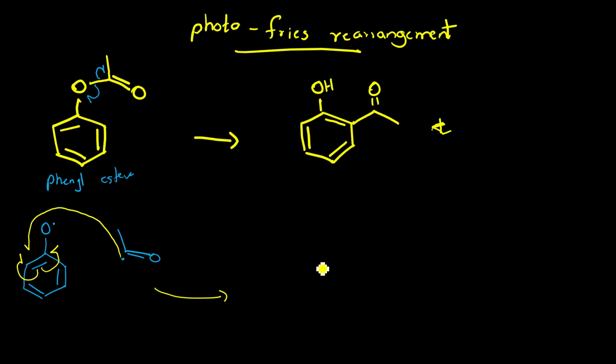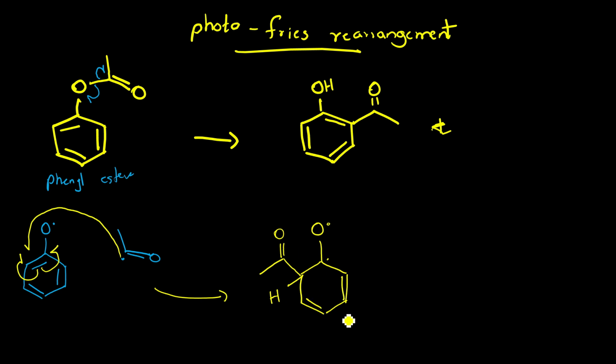So the final product would be like this. And we have here this one and a radical here. So there's a hydrogen here too, and there are two bonds in these places.